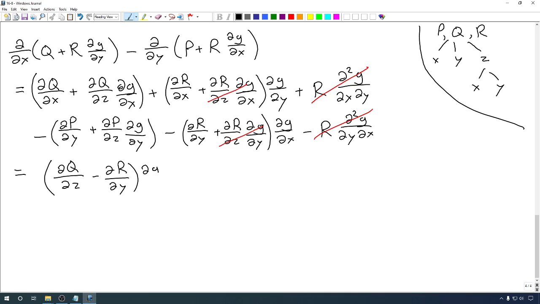That's being multiplied to the derivative of g with respect to x. All the ones that have a partial of g with respect to y, we get one from here. We get a partial r with respect to x. And here, we get a partial of p with respect to z. So that difference will be multiplied to the derivative of g with respect to y.